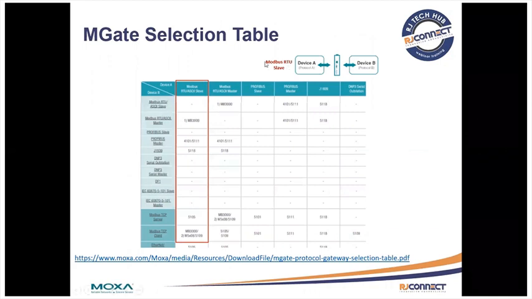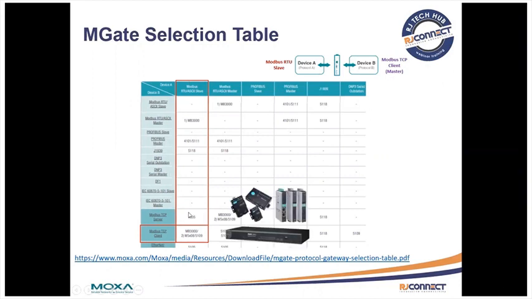If we want to connect to a Modbus RTU slave, we select device A as a Modbus RTU slave, and our device B is a Modbus TCP client. If we follow the table, we see Modbus RTU slave, we go all the way down to Modbus TCP client, and then we see that the MGates we need to use are the MB3000 series.